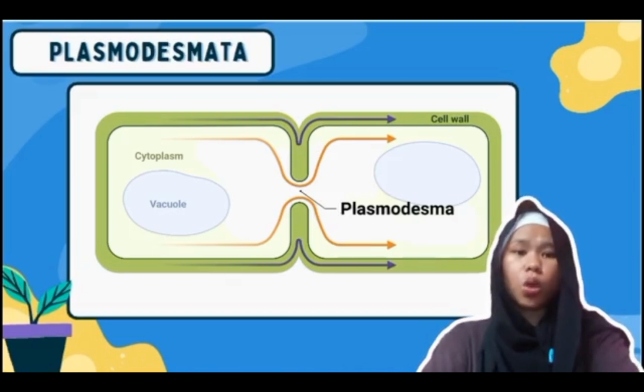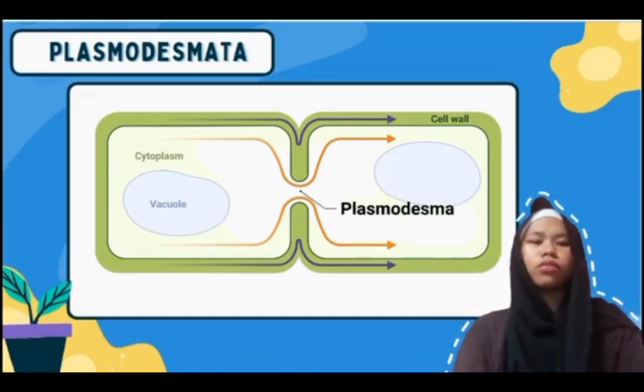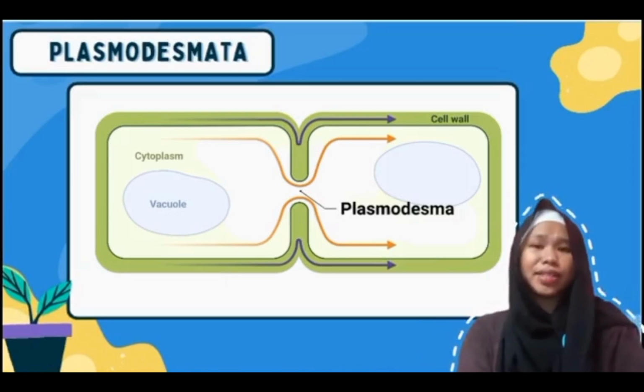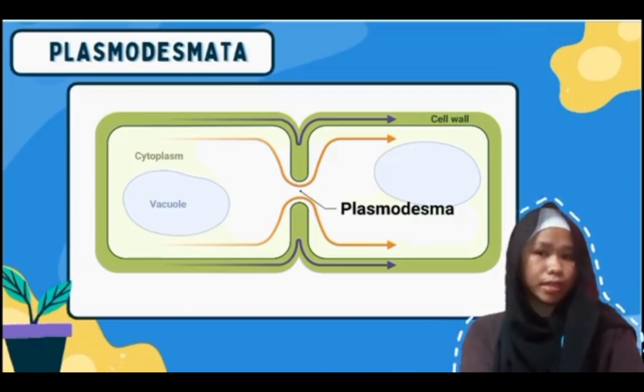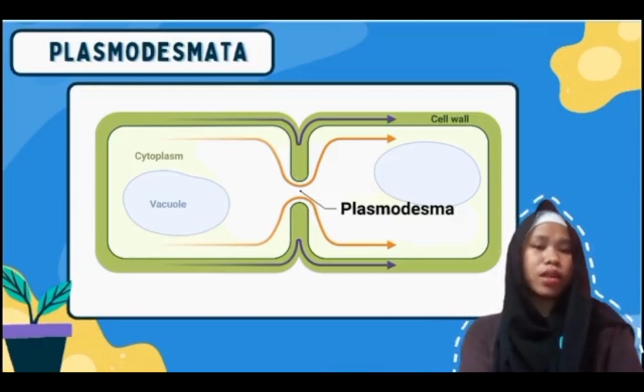The diagram shows how the cytoplasm flows continuously through this channel. The image highlights the plasmodesma's role in facilitating communication and transport between plant cells, despite the presence of the cell wall that would otherwise impede direct cytoplasmic exchange. The arrows show the direction of movement of substances through the plasmodesma.